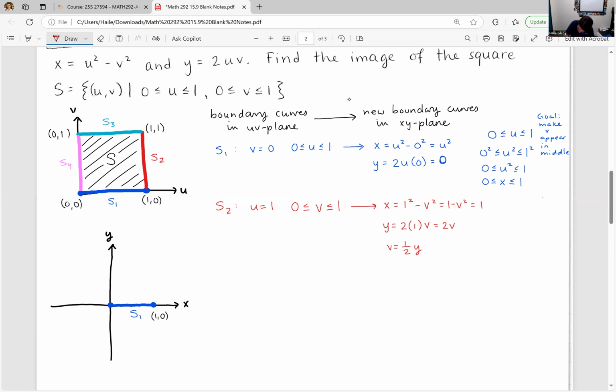So this is 1 minus 1/2 y squared, which is equal to 1 minus 1/4 y squared, which tells me that this graph is a parabola that's facing sideways. So this is a sideways parabola.